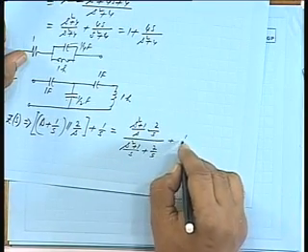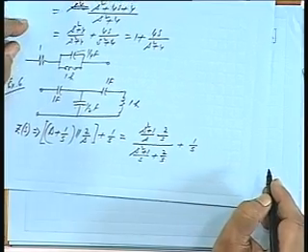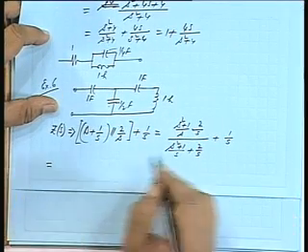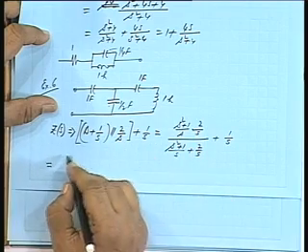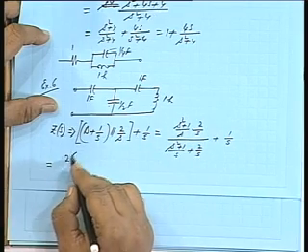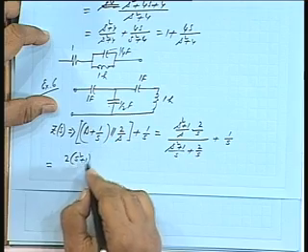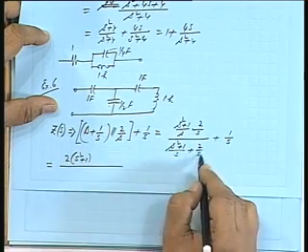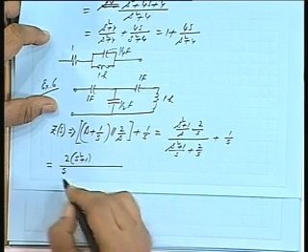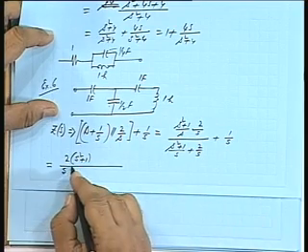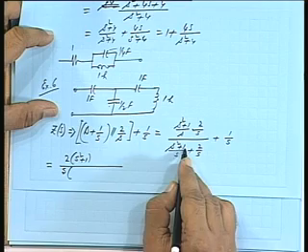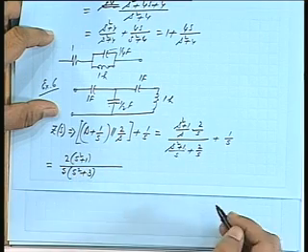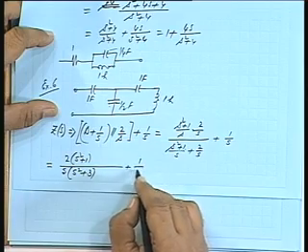Whole thing is finally added with 1 by s. Is that okay? So, multiply throughout by s, I will get in the numerator 2 into (s squared plus 1), divided by, 1 s will go, so s into (s squared plus 1 plus 2), so s squared plus 3, plus 1 by s.